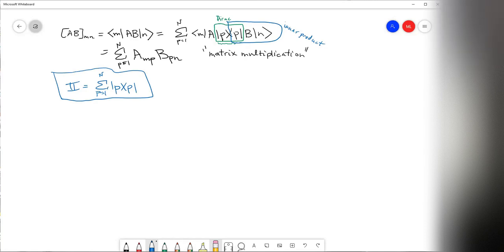Other things, you can also, of course, have a trace of a matrix, or a trace of an operator. That would just be summing over the diagonal elements of your matrix. So this is the trace.